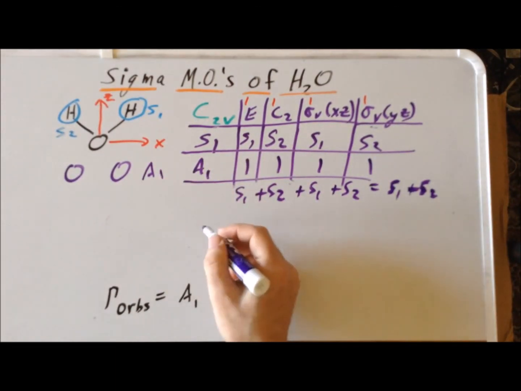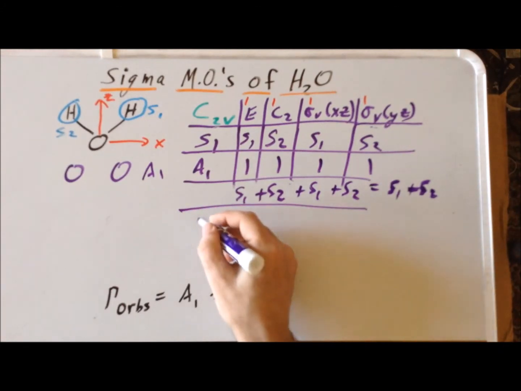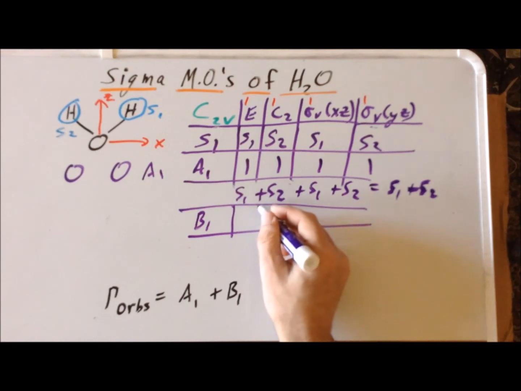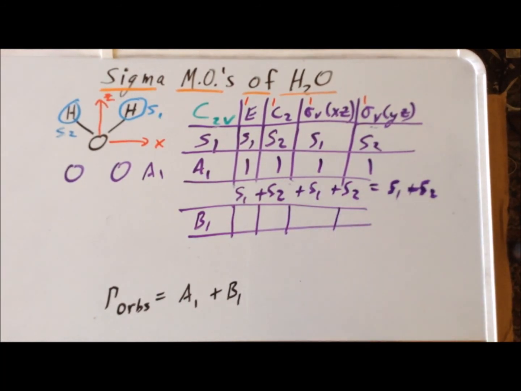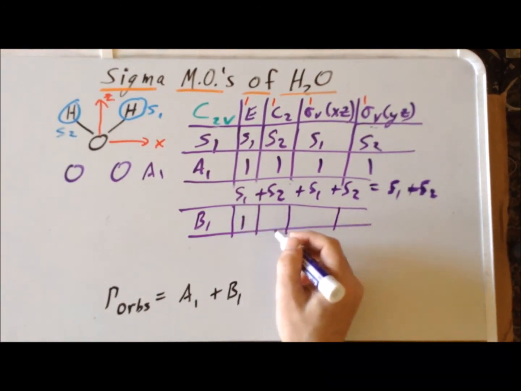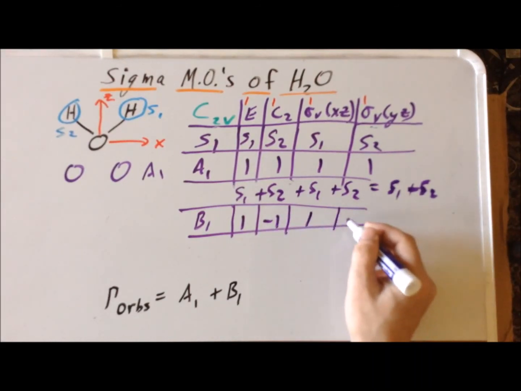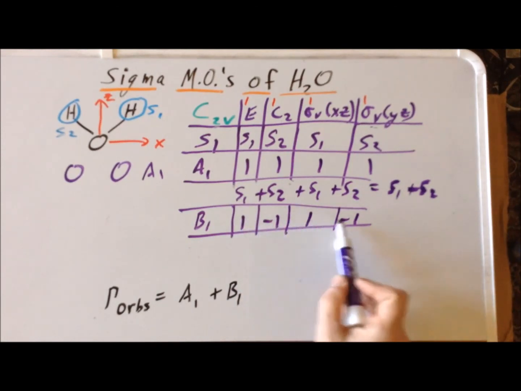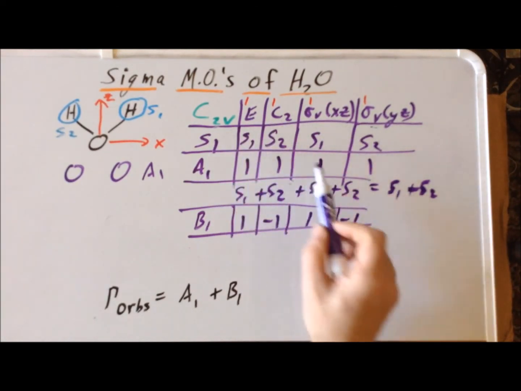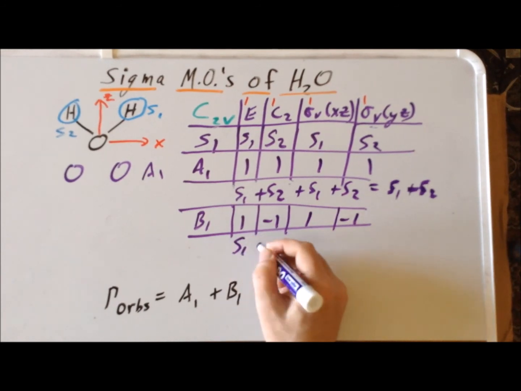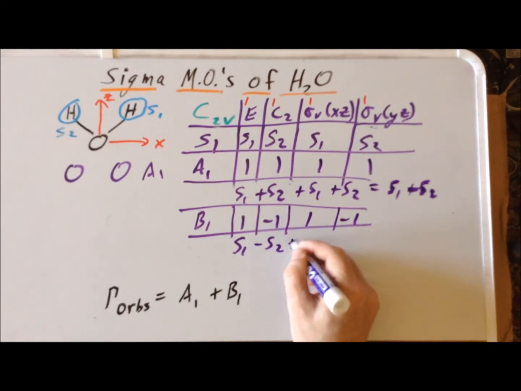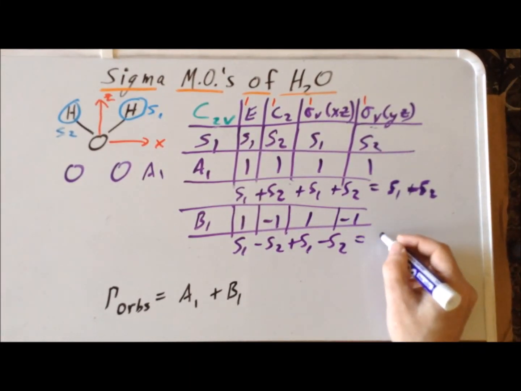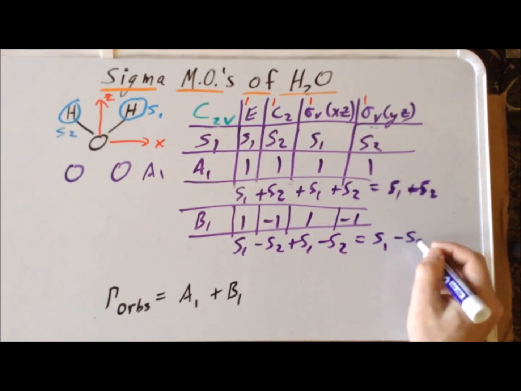Now for B1, we need the characters from the character table for B1. In this case, the characters are 1, minus 1, plus 1, and minus 1. Again, we multiply the characters in this row times the terms in the first row, which gives us S1 minus S2 plus S1 minus S2, which again can be reduced in lowest terms to S1 minus S2.